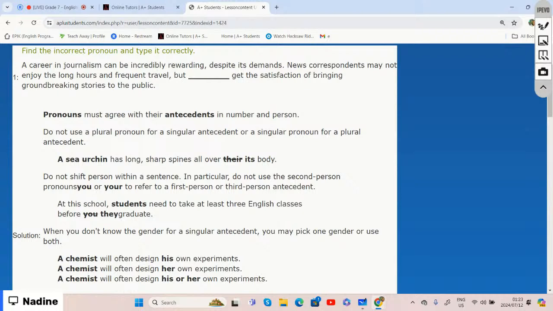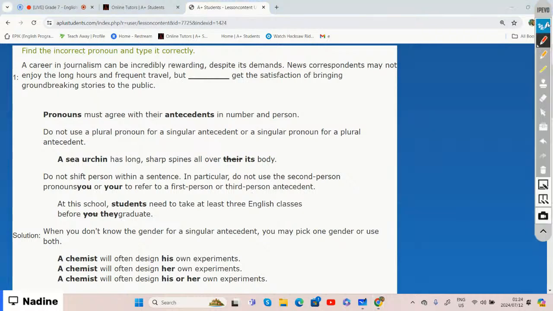And if we look at an example, it says at the school, students, which refer to more than one student, right? So we say students need to take at least three English classes because we are referring to more than one student.